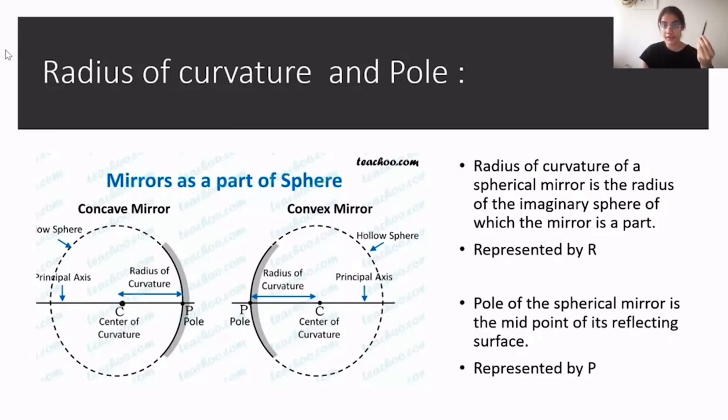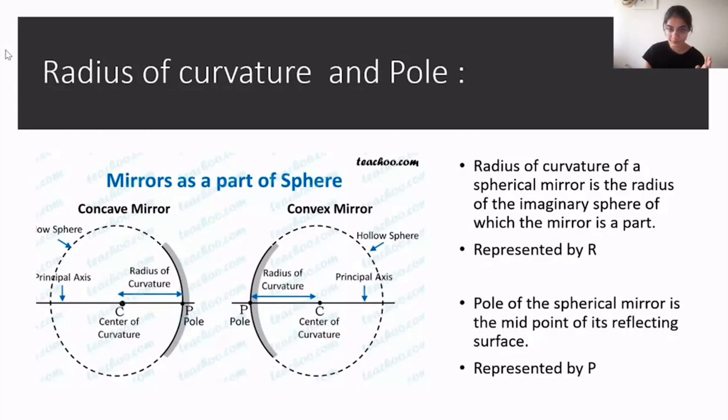So the radius of this sphere is the radius of curvature of the spherical mirror, of the imaginary sphere of which the spherical mirror is a part. This radius of curvature is represented by a capital R. So the radius of curvature of a spherical mirror is the radius of the imaginary sphere of which the same mirror is a part.